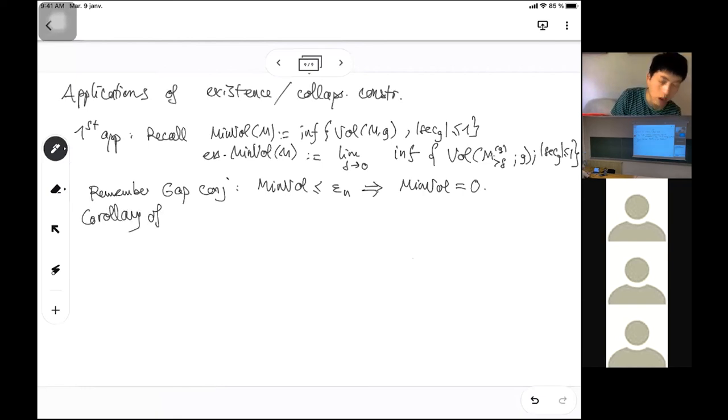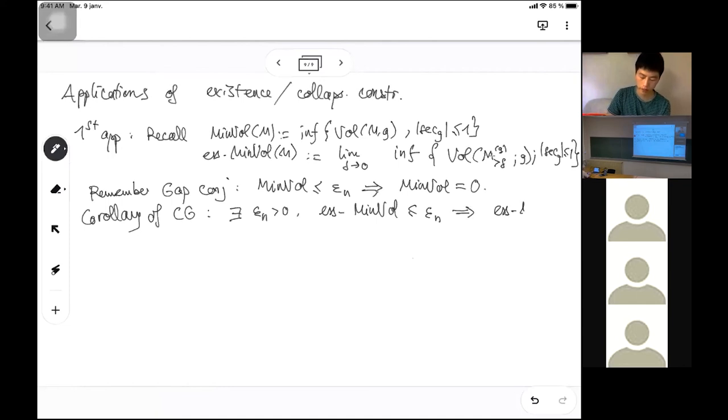A corollary of Cheeger-Gromov is that there is a dimensional constant such that if the essential minimal volume is smaller than this constant, then it's already 0. That's a desirable property, meaning you don't have some accumulation around 0.